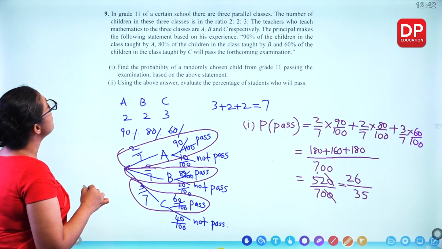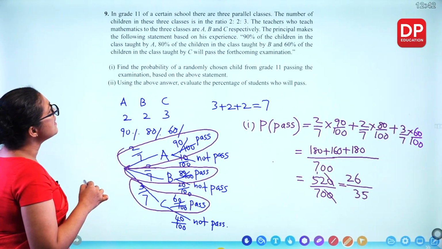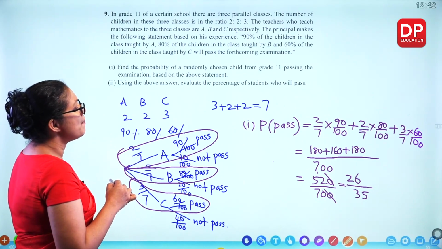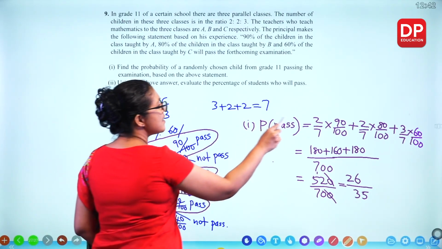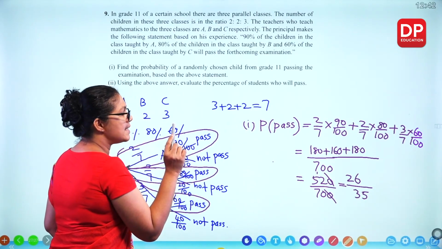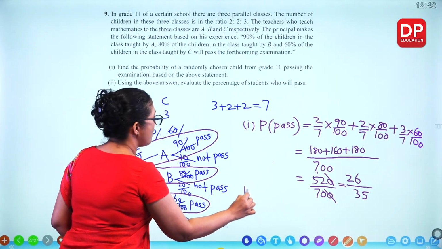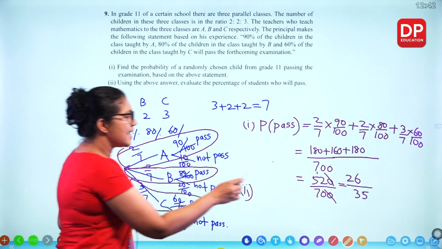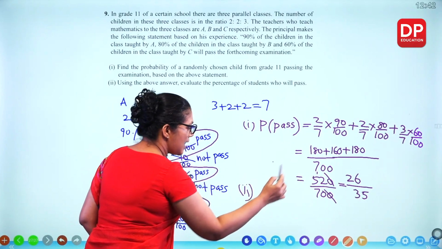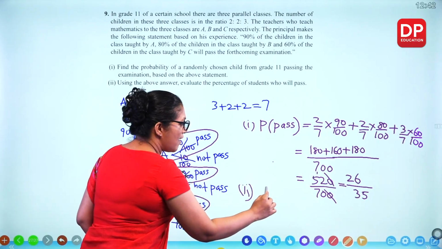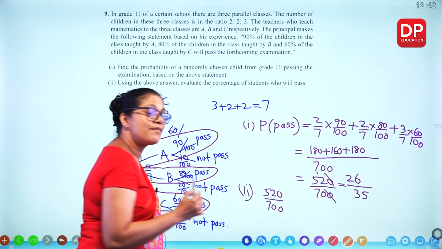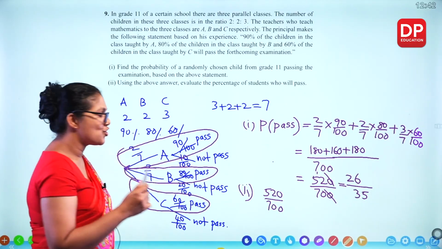Then second part. Using the above answer, evaluate the percentage of students who will pass. So this is the passing probability. So write this as a percentage. What you do? I can take this one easily. I'll take, without simplifying, I'll take 520 out of 700. How you convert a fraction to a percentage?